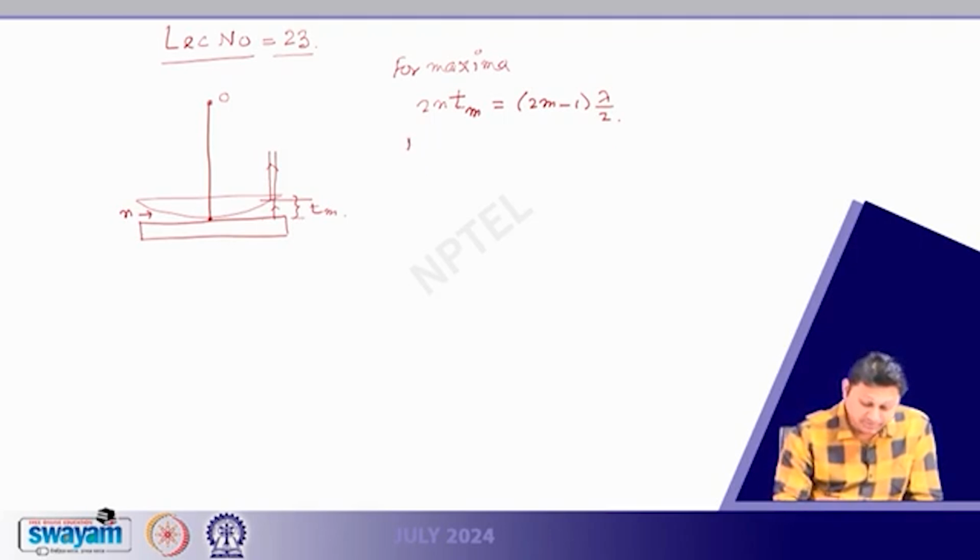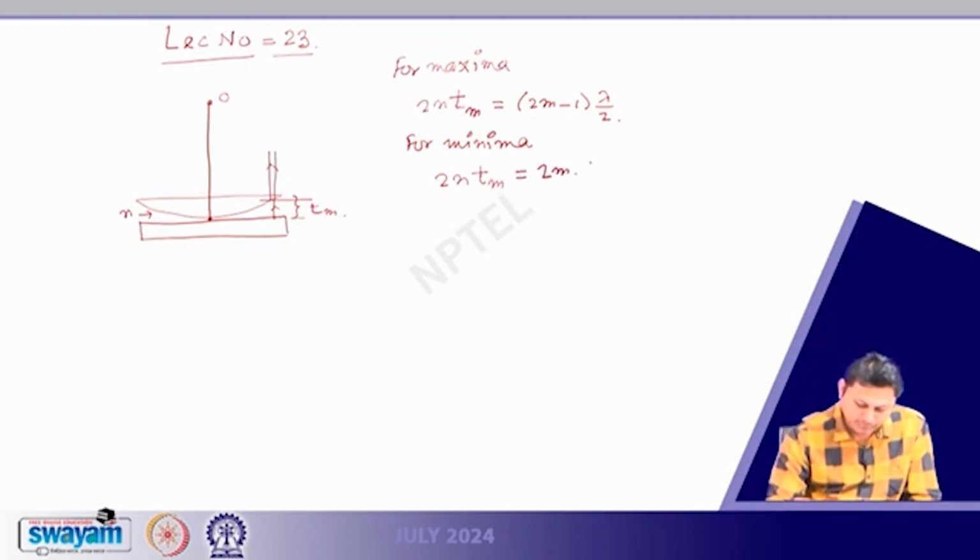Similarly for minima, one can find that this path difference should be simply 2m times lambda by 2.